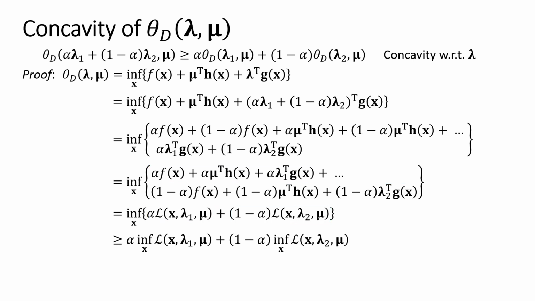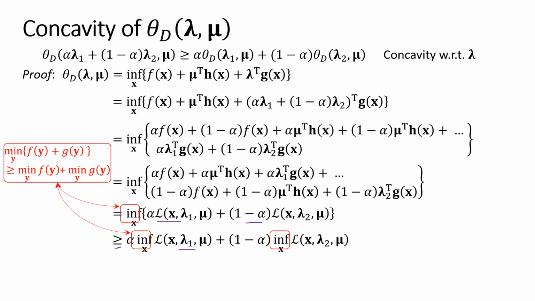And that's greater than or equal to alpha times the infimum of L of x, lambda 1, mu plus 1 minus alpha times the infimum of L of x, lambda 2, mu. Now this step warrants a little explanation. What I've done is I've taken the infimum over two arguments and then I've applied the infimum over each argument separately, which explains why I have the greater than or equal to sign.